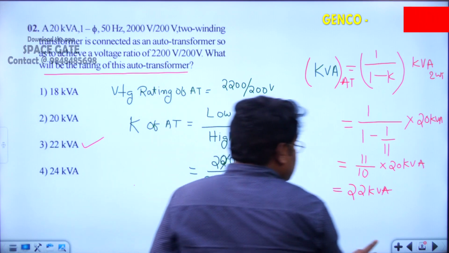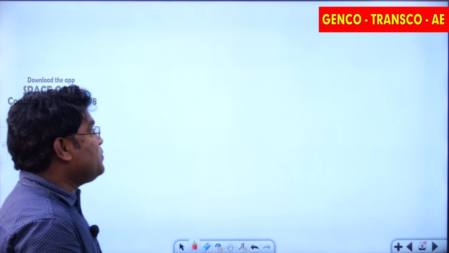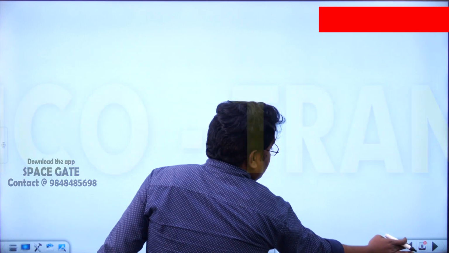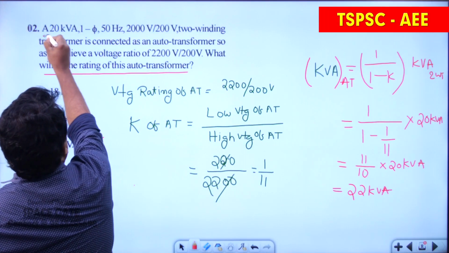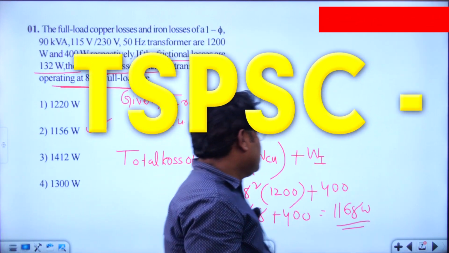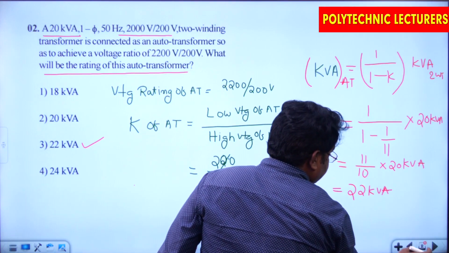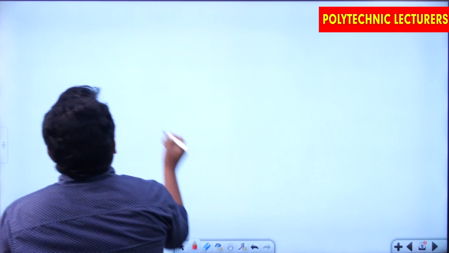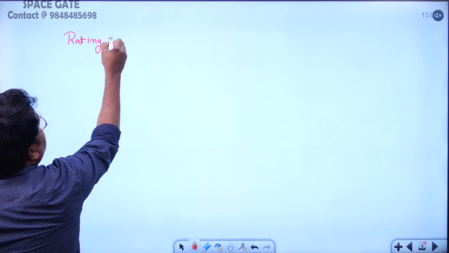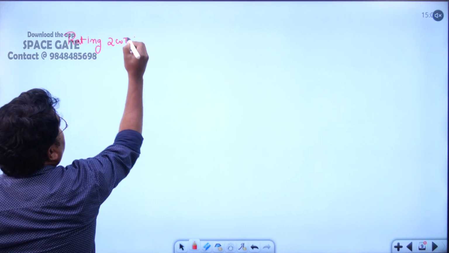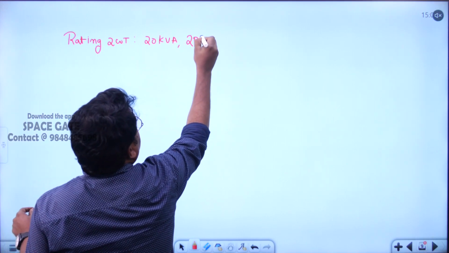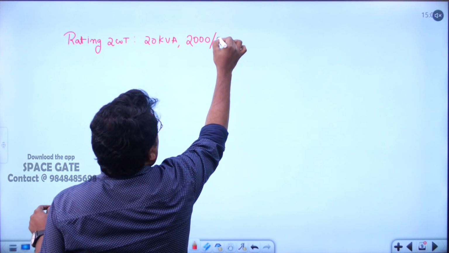We can answer this question by using another method also. Initially it is given 2000 upon 200 volts, 20 kVA, a two winding transformer. Now let us solve this question. The rating of the two winding transformer is 20 kVA, 2000 upon 200 volts.